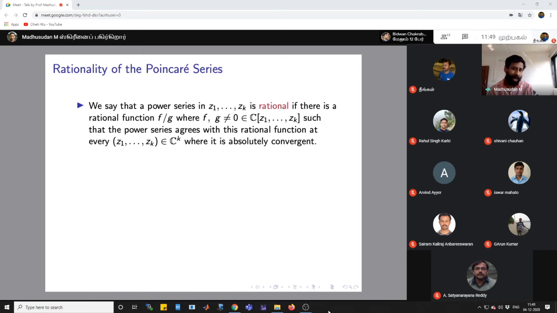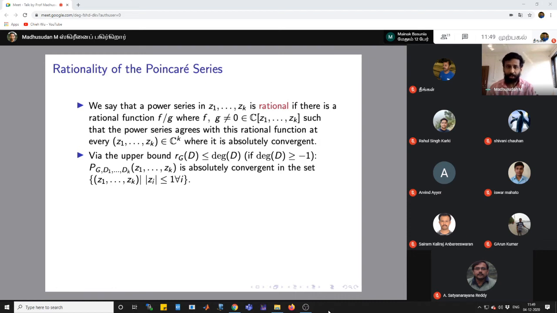So it's a multivariable power series. You have a notion of absolute convergence, and you want this rational function to agree with this power series at every point where this power series is absolutely convergent. And this would vacuously hold, for instance, if your power series is nowhere convergent.